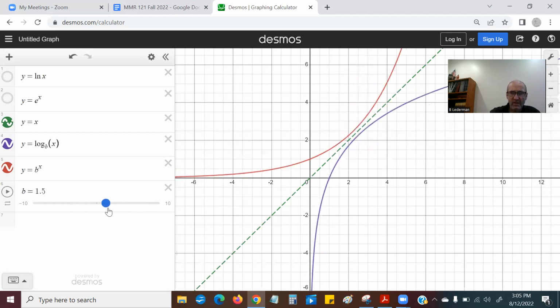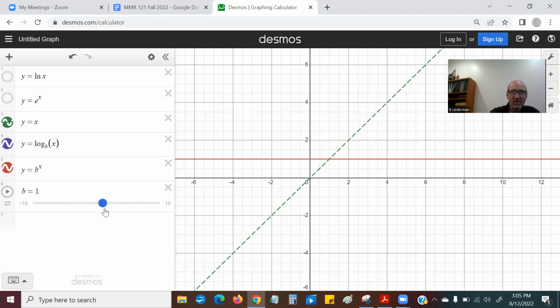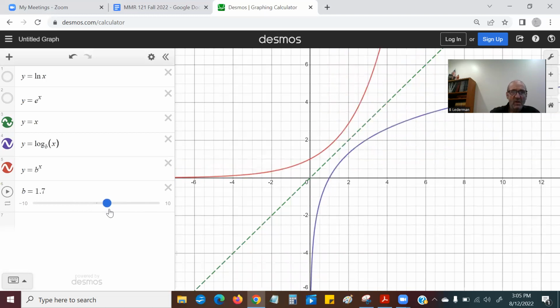And of course, there you go. That's beautiful. And that is fabulous. By the way, notice that the domain of the log function is only positive numbers.